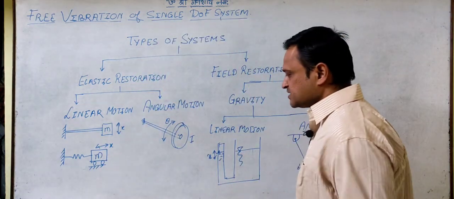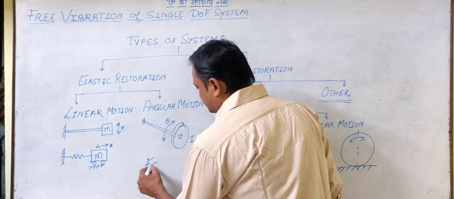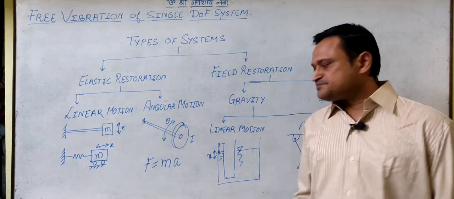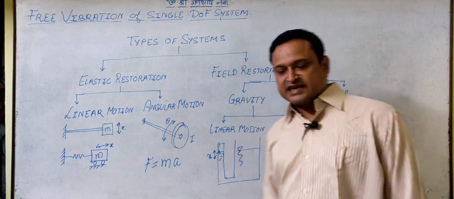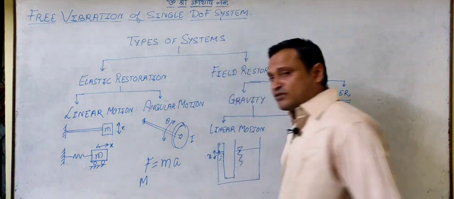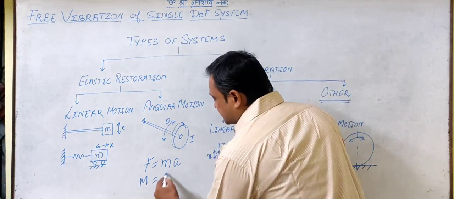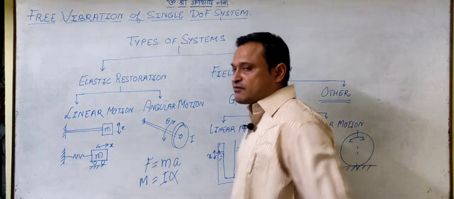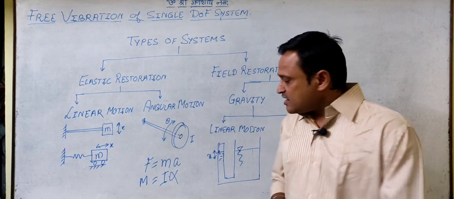So in Newton's method we know that force is the product of mass and acceleration, and moment or torque for angular motion can be represented as mass moment of inertia into alpha.